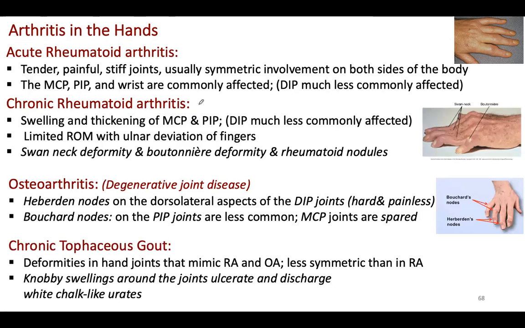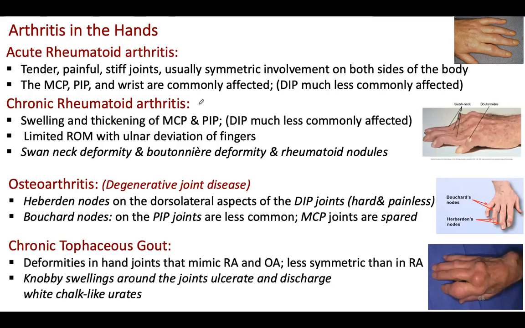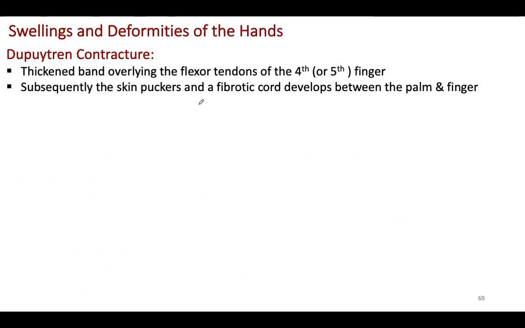Chronic tophaceous gout, you can have tophi around the joints like this. Dupuytren contracture. This condition is a thickened band overlying the flexor tendons of the fourth or fifth finger. And subsequently, the skin puckers and a fibrotic cord develops between the palm and the finger, like this.